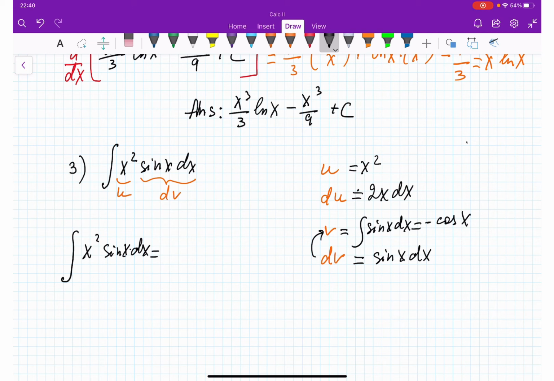We are going to use first uv. My u is x squared. My v is negative cosine x. All right. And plus integral 2x cosine x dx.